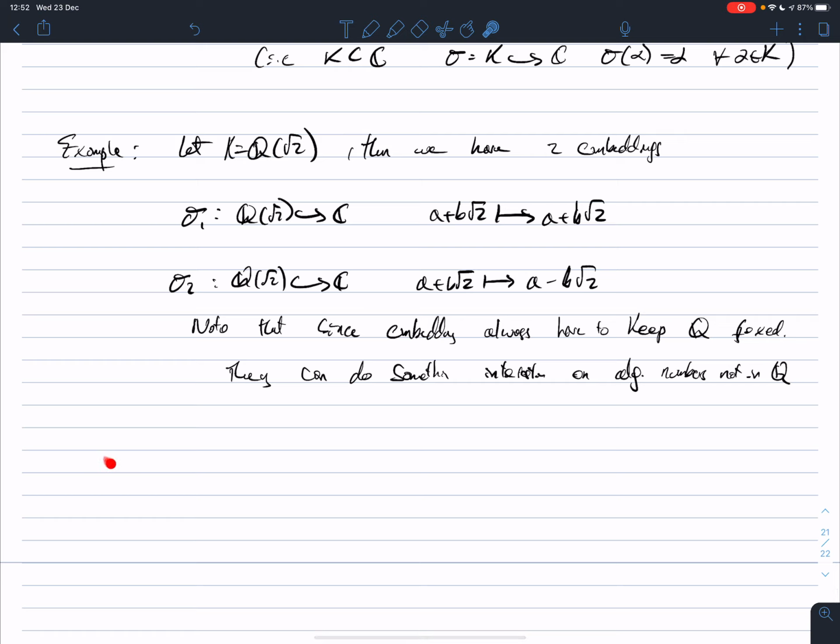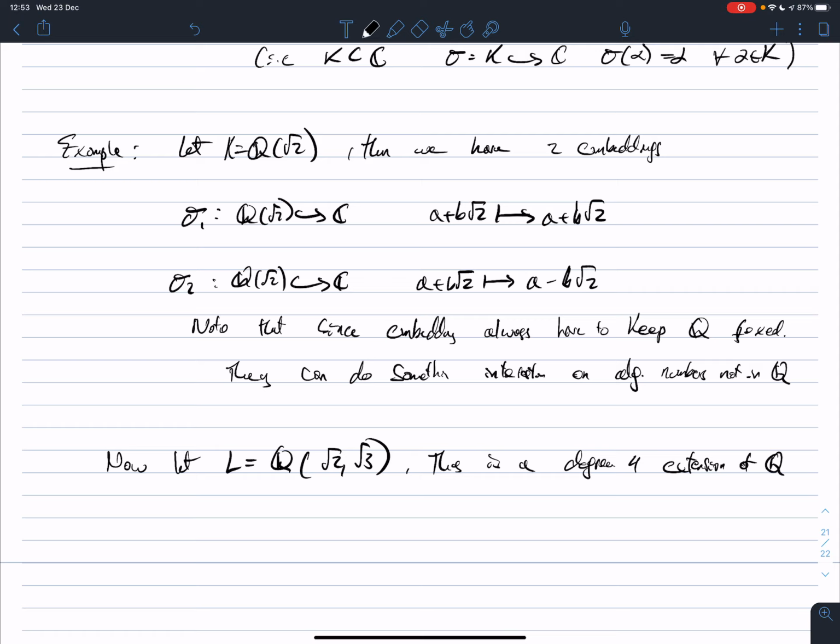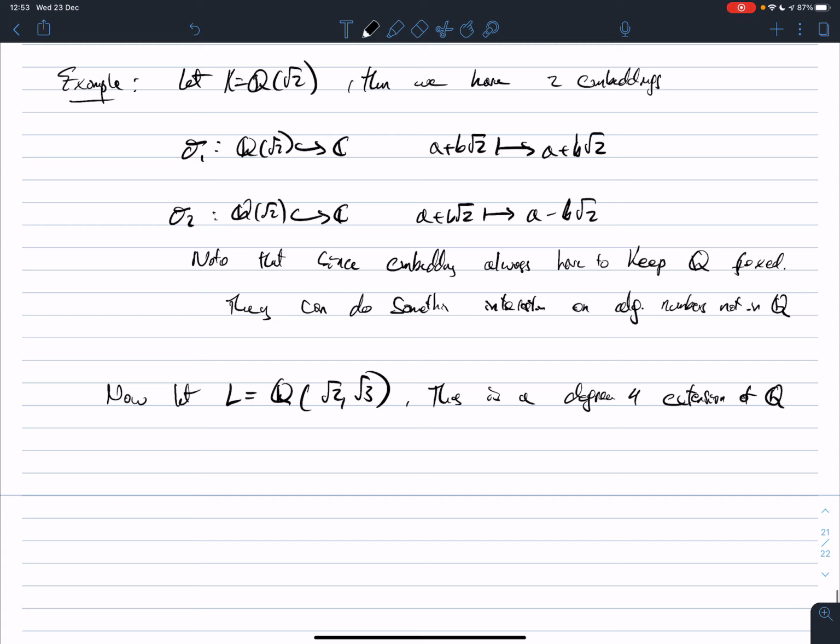So now let L be this field Q(root 2, root 3). If I join these two elements, this is a degree 4 extension of Q, and it has a basis.